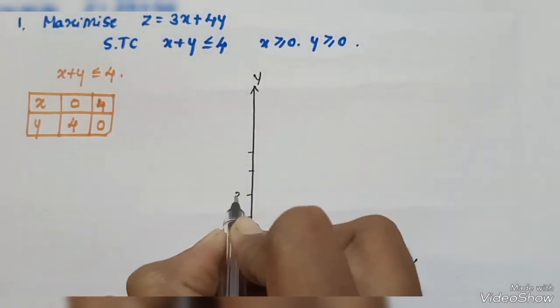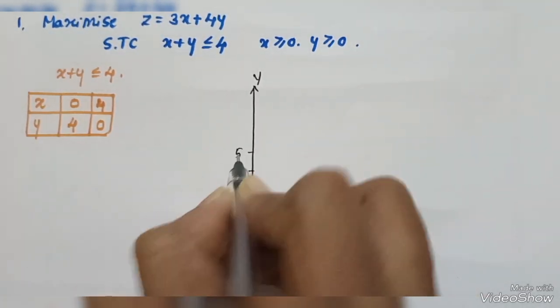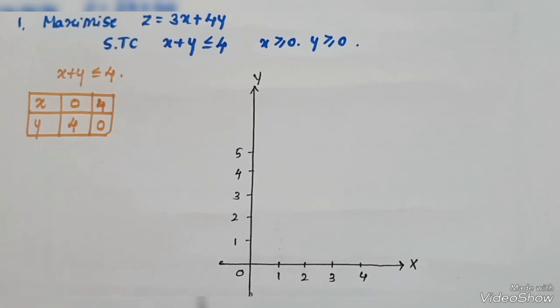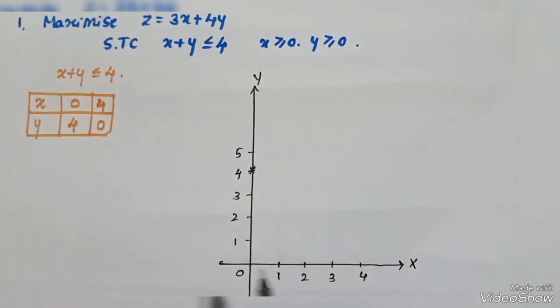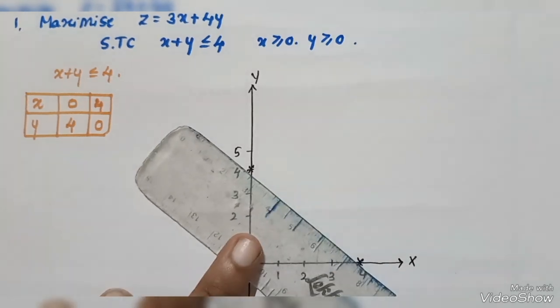When x equals 0, y equals 4, and when y equals 0, x equals 4. So we have to draw a line.